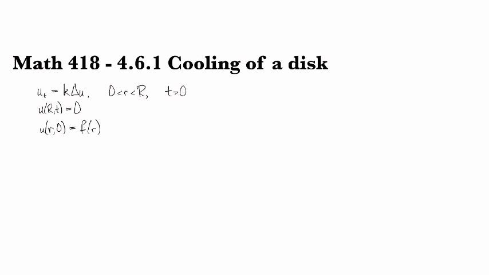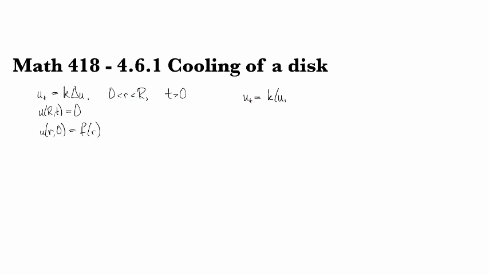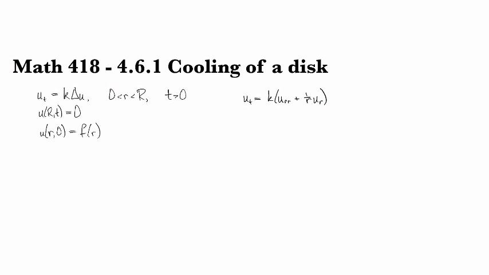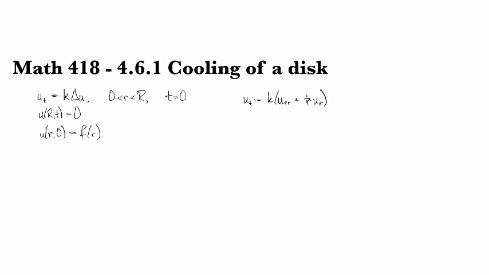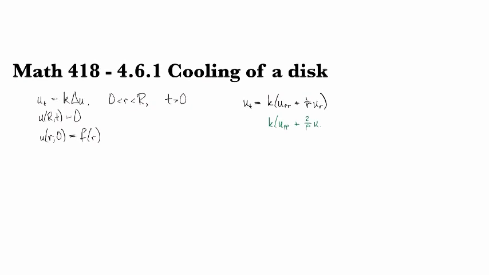And so the first thing to do is to use the radial Laplacian. So we can rewrite the equation as u_t equal to k (u_rr plus 1 over r u_r). And it's curious to note what happens here, because in the last one we had k (u_rho rho plus 2 over rho u_rho).